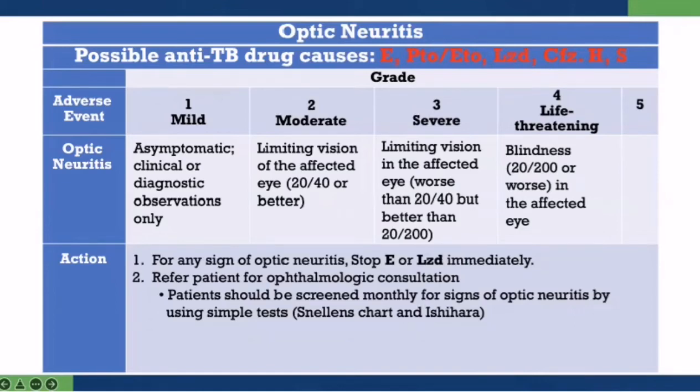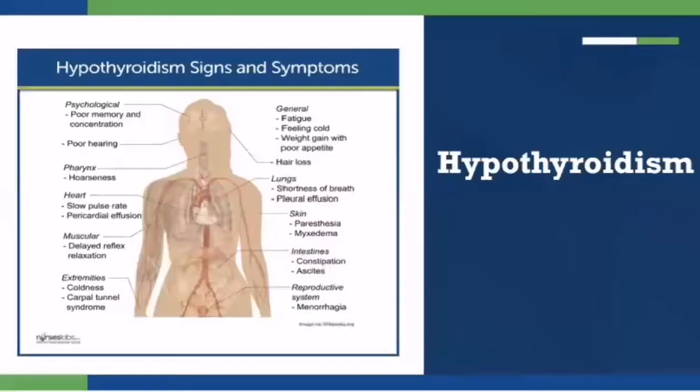So for our patients with comorbidities like diabetes, they are at increased risk for optic neuritis, and they should be managed with tight glucose control as a means of prevention. Also, patients with advanced kidney disease are at increased risk for optic neuritis.